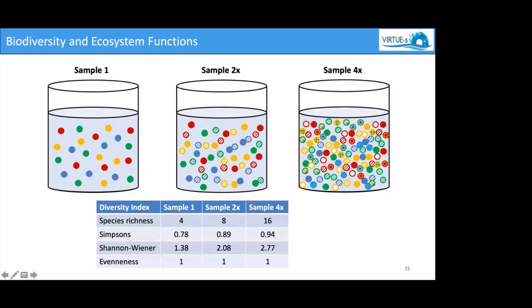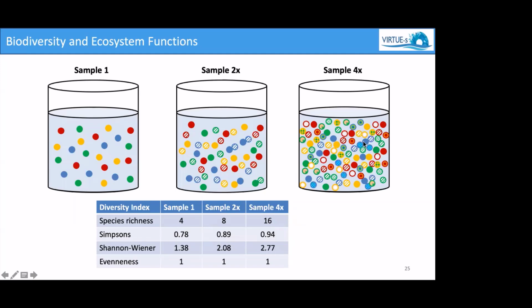Increasing again the number of species 4-fold compared to the first sample, I have now 16 species. The Simpson's increases, the Shannon-Wiener also increases. That means if I get 2 samples here, the probability of getting 2 different species is higher, according to Simpson's.